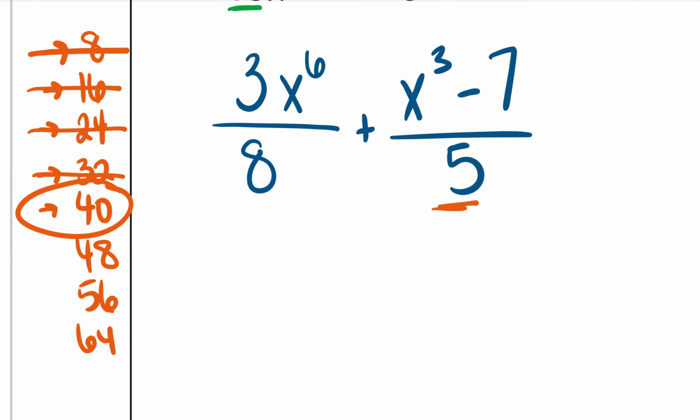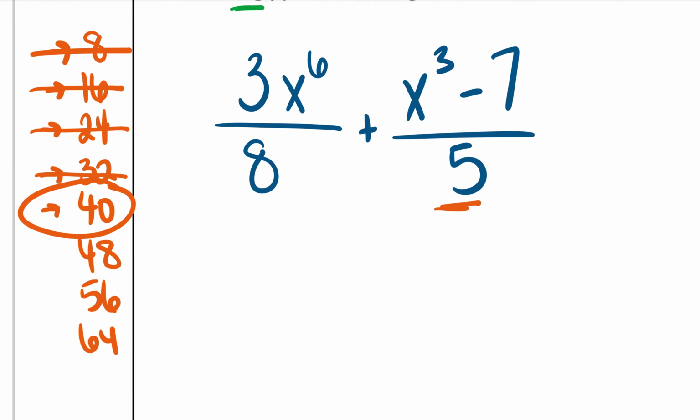From there, I want to multiply each fraction to make the bottom the same number. Okay, so I want to multiply it to make it 40. I would multiply 8 by 5 to make it 40, right? So whatever you multiply it by, you do the top and the bottom, not just the bottom.